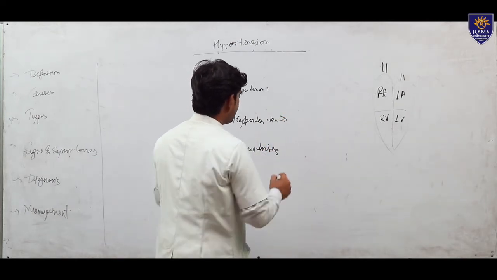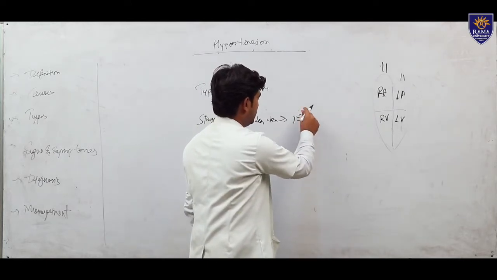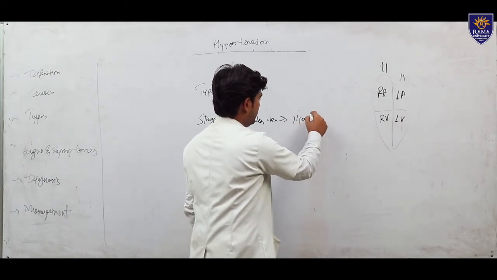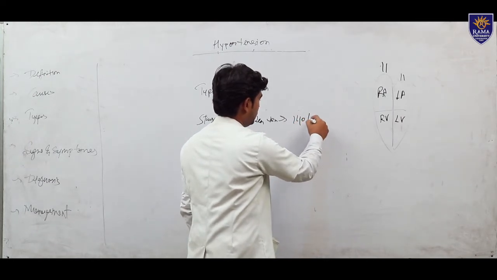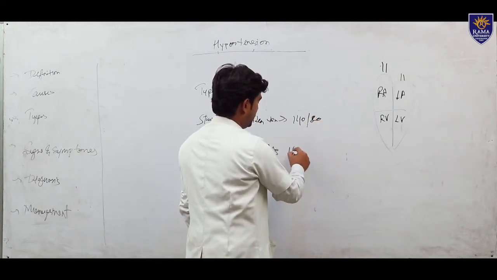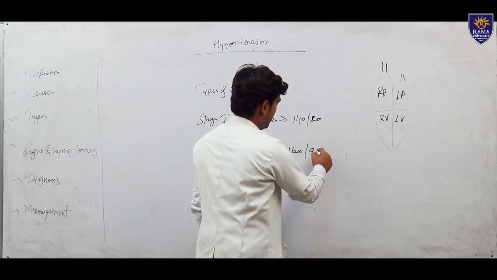In stage first, the BP will be 140 to 80, and here 160 to 90.